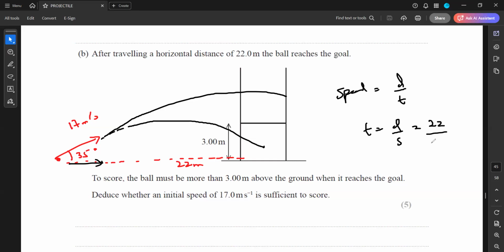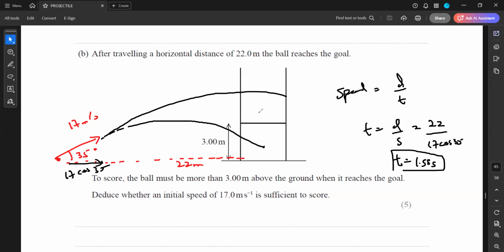And what speed? We take the horizontal speed, so it will be 17 cosine 35. How much time will it take to reach 22 meters? What's the answer? 1.58 seconds. So it will take 1.58 seconds.